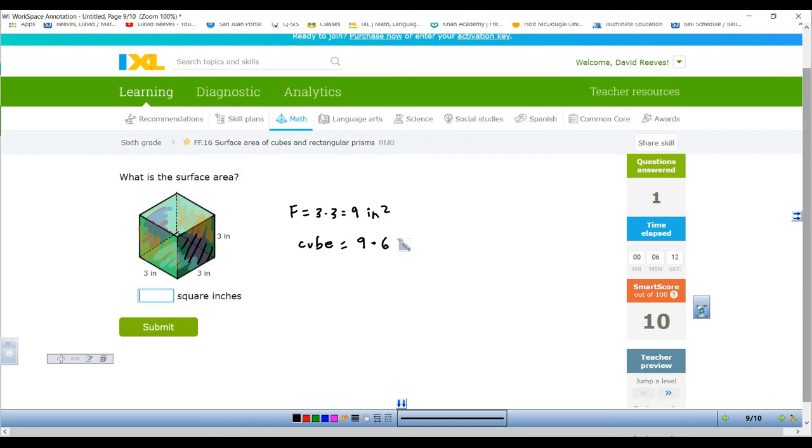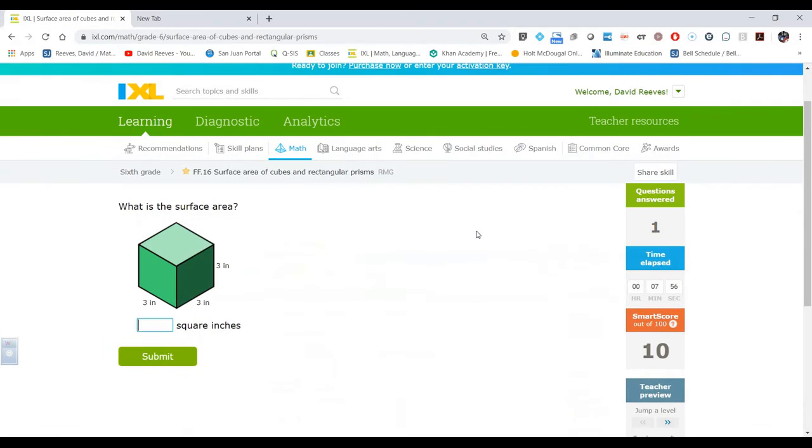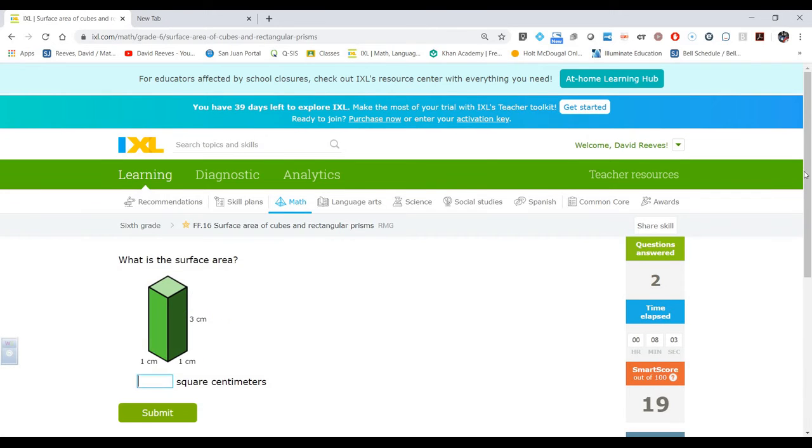Because there are 6 of those. 9 times 6 is 54. And so the surface area of this cube is going to be 54 square inches. 54 square inches. So let's go ahead and put that in. 54 square inches. And we are good to go.